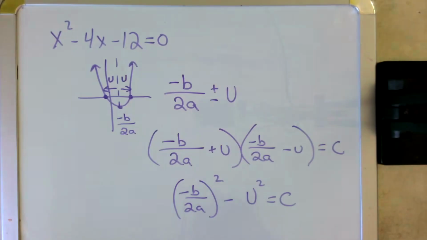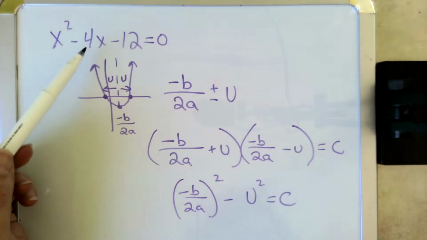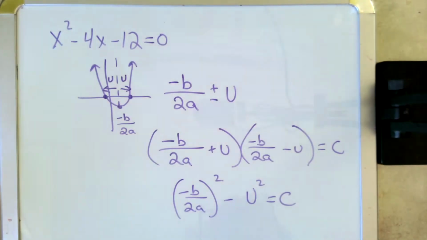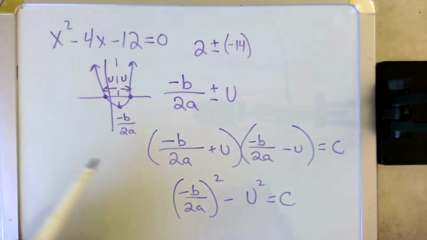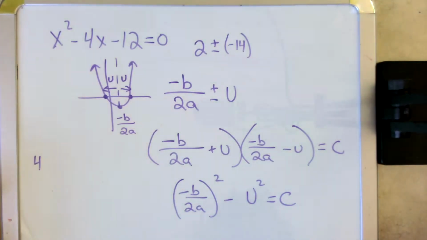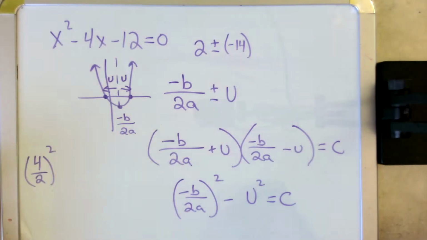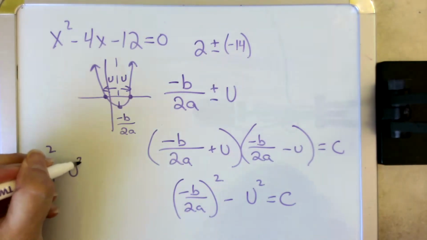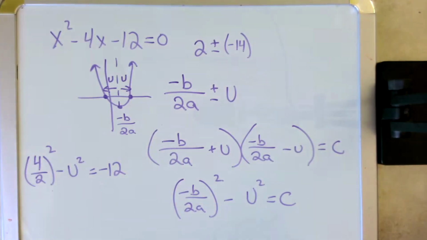So now let's put some of the numbers in from this problem. My b is negative 4, so negative b, that's just 4, over 2 times a, my a is just 1, squared, minus u squared equals my c, which is negative 12.